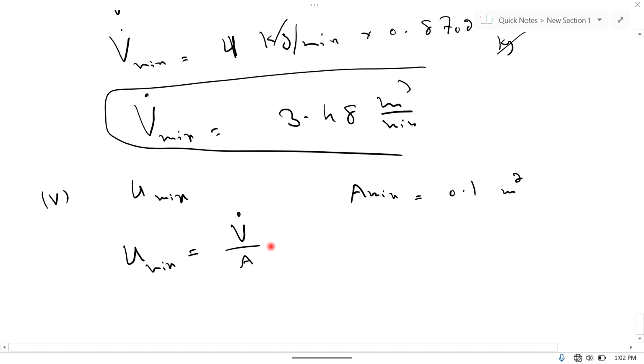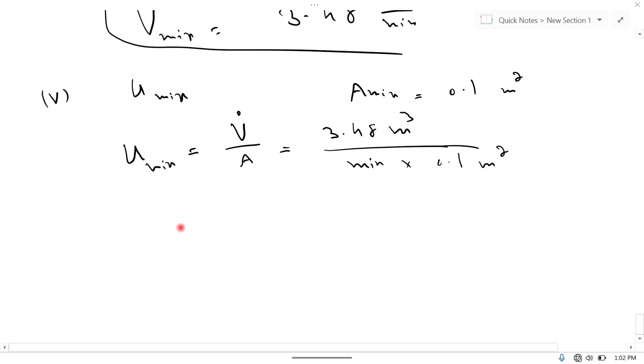So volume flow rate is given to us as 3.48 meter cube per minute, and area is equal to 0.1 square meter.